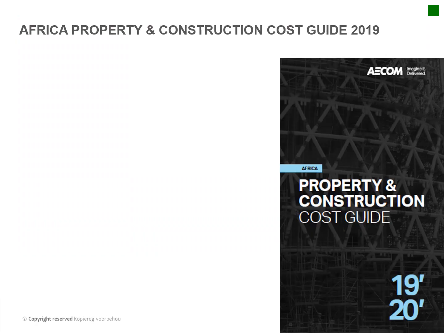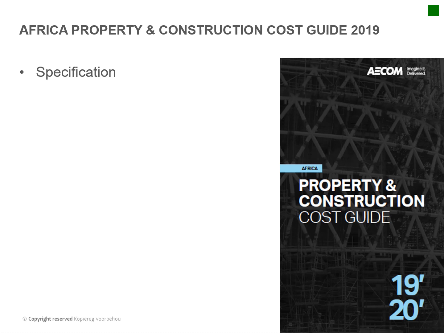Okay, so the first set of examples in your appendix is the property and construction guide. Just note it's the old one, the bluish cover that you will see, and not this black one, but it's exactly the same item. I'm not going to go through all of this, just go through this introduction and make sure that you do understand it.